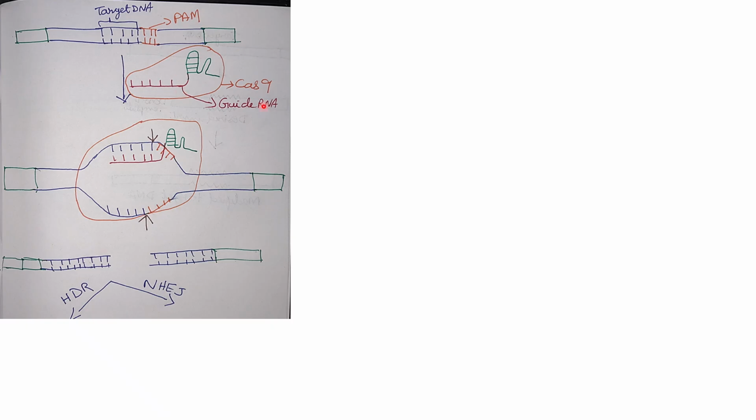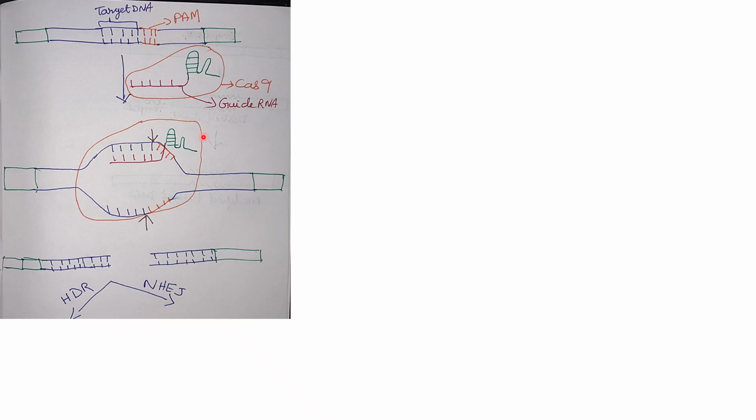So this guide RNA-Cas9 complex is introduced into the target cell with the help of a plasmid or any other vector. This Cas9 will recognize the PAM sequence downstream of the target DNA.